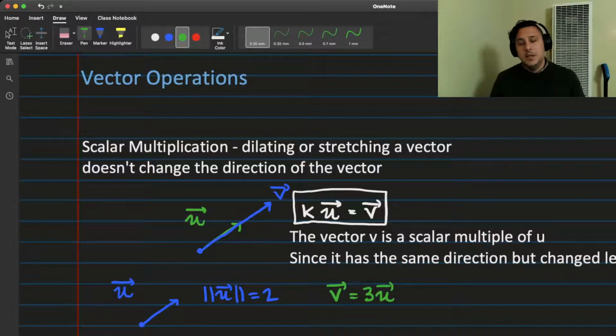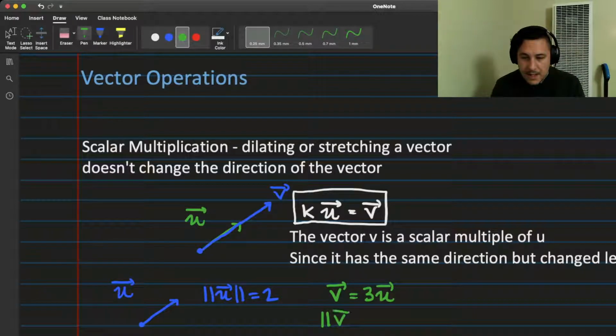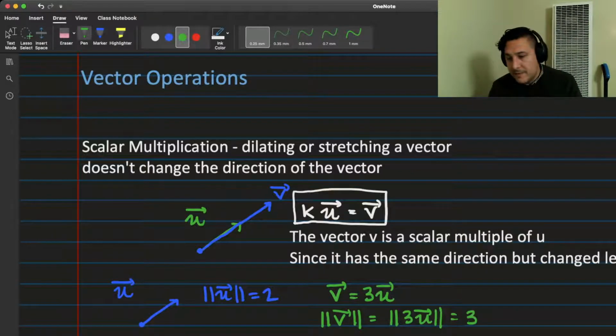Well, v is a scalar multiple of u. Because these two things are equivalent, we know that the magnitude of v is equal to the magnitude of 3u. And the scalar can factor out of the magnitude.